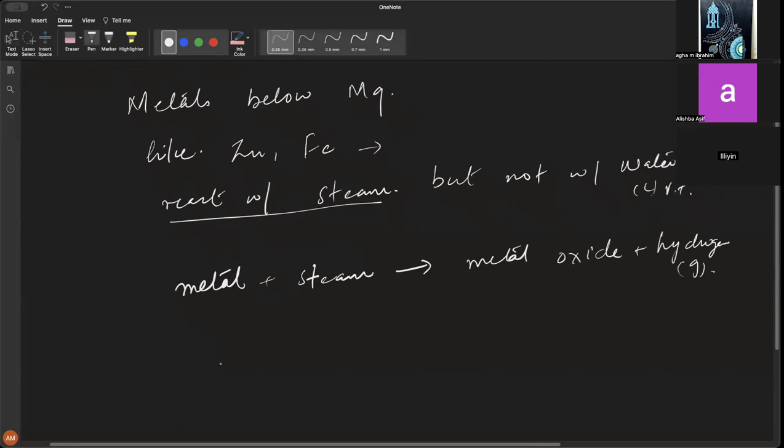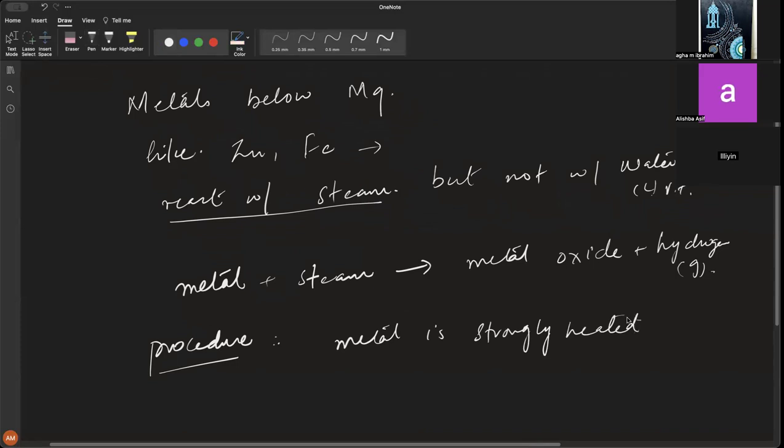So the procedure that is taken is that the metal is strongly heated. All right. The metal is strongly heated until it becomes very hot.